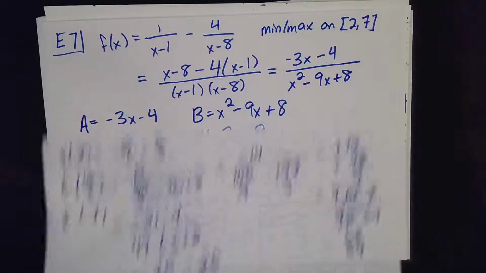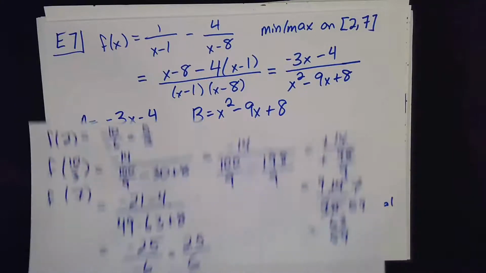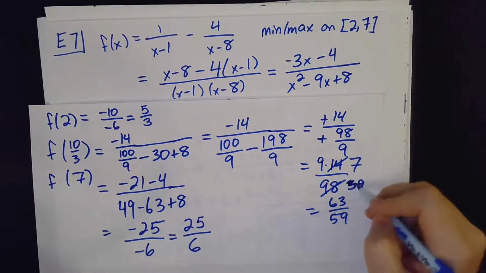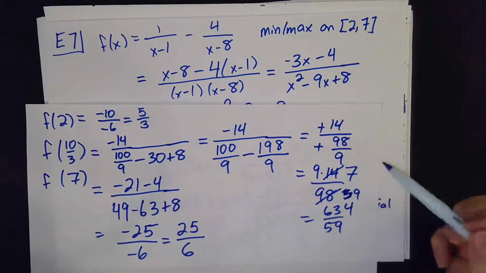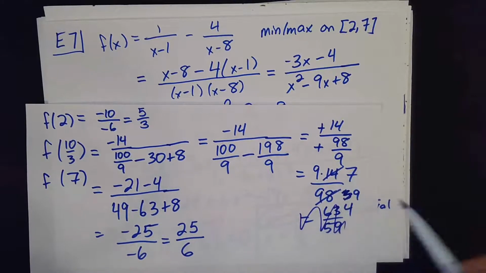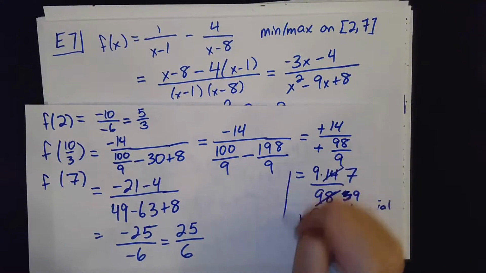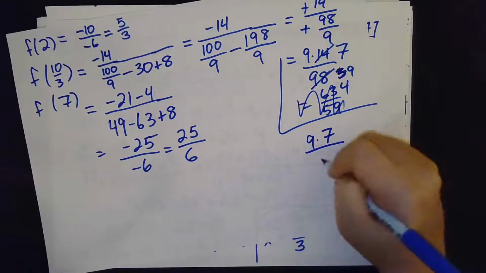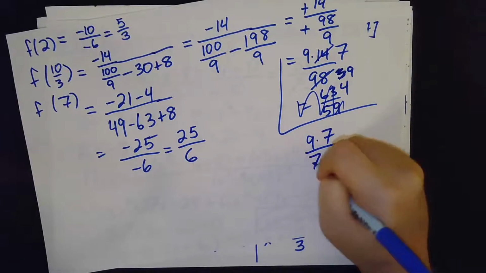Okay. Anywho, having somehow... Oh! I see what I did wrong. Okay. Half of 98 is not 59. Half of 98 is 49. So this was 9 times 7 over 49, which is 7 times 7.